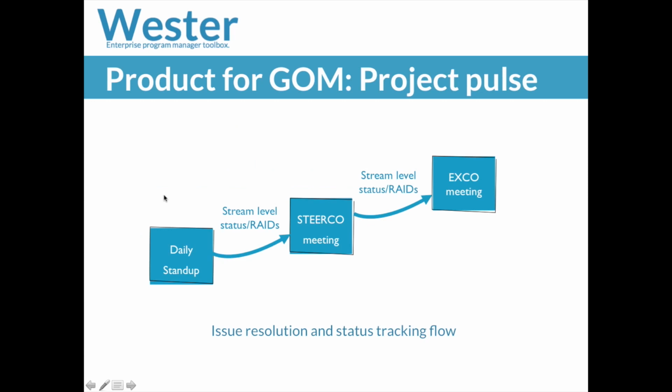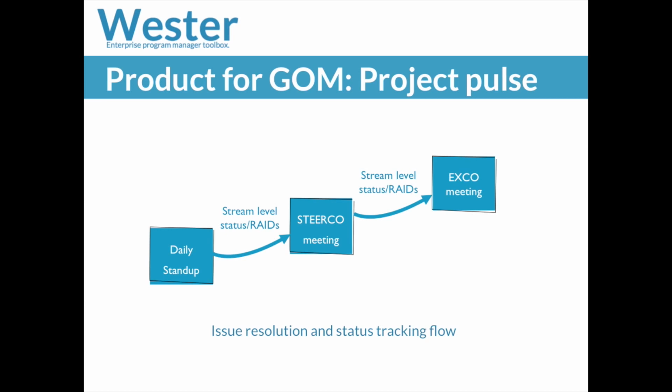With goal-oriented management, we have status tracking activities on each level. On a stream level, there are daily stand-up meetings of the stream lead with every team member. Their aim is to update the status of the current progress of every team member and raise issues and dependencies if there are any. On the project level, we have weekly steering committee meetings, where all issues and dependencies between streams are logged and resolved if possible.